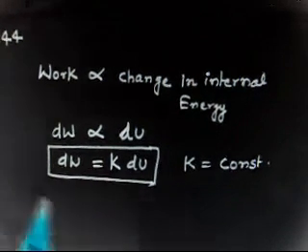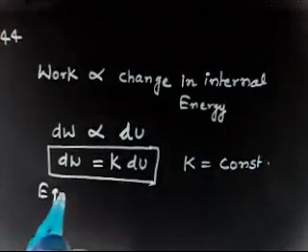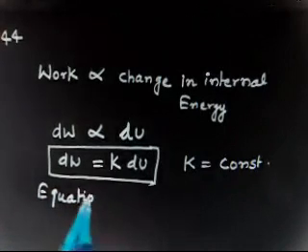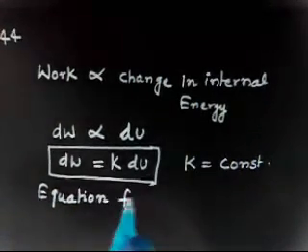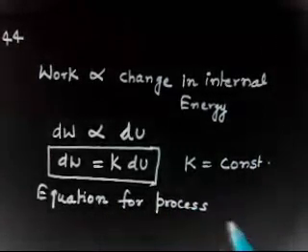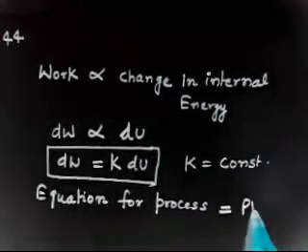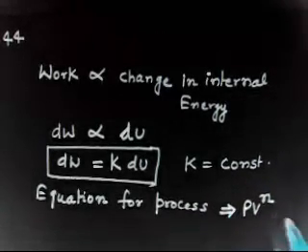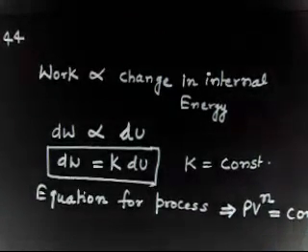So the equation for such a process will be given by PV to the power n is equal to constant.